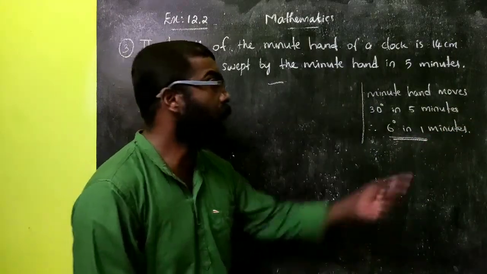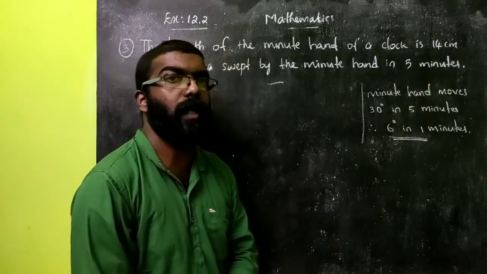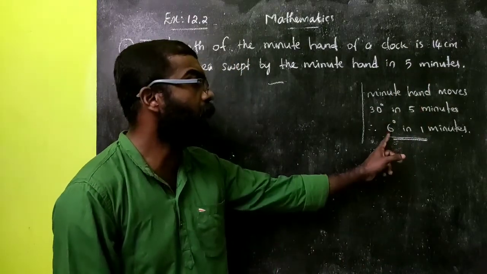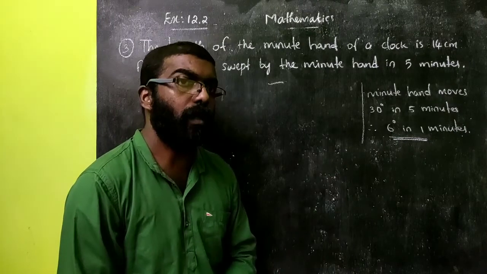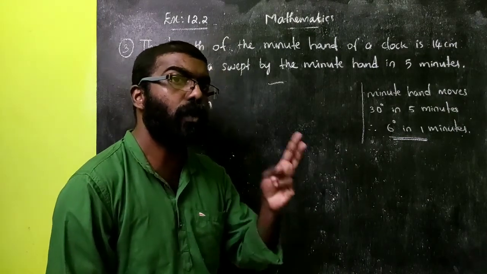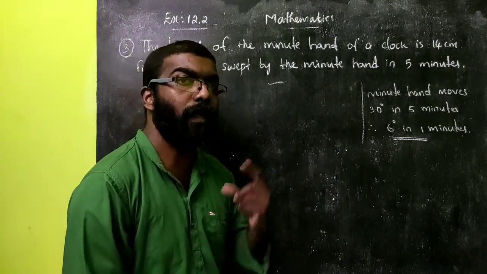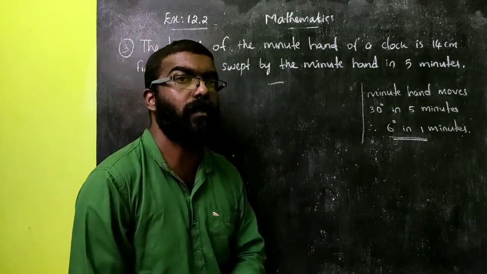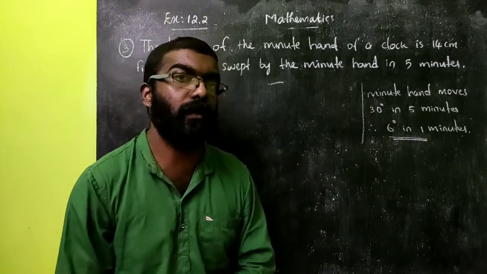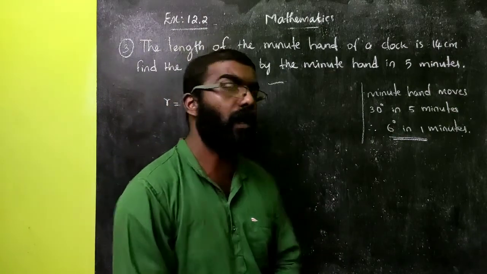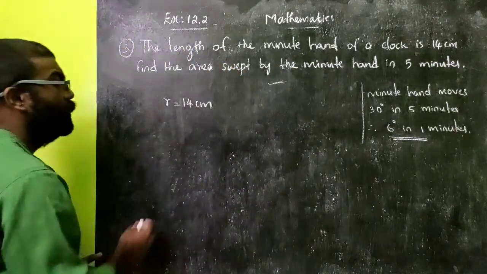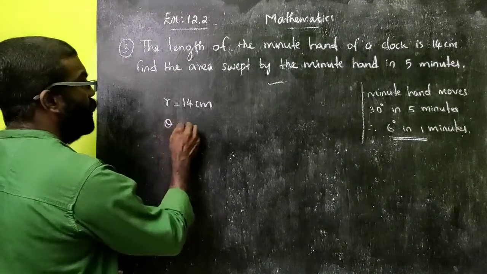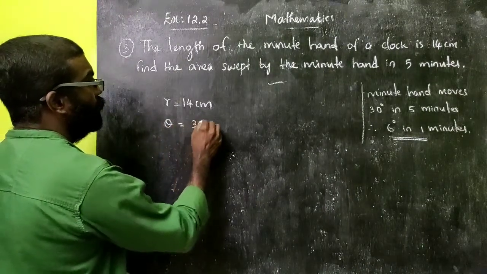If we are given any minute of time, we can find out the angle measure by multiplying it by 6 degree. Okay. For example, if the time is 12 minutes, then 12 into 6. 1 minute, 6 degree. So 12 minutes, 12 into 6. In such a way, we can find out the angle measure. Okay. So here it is 5 minutes. So the angle theta will be 30 degree.